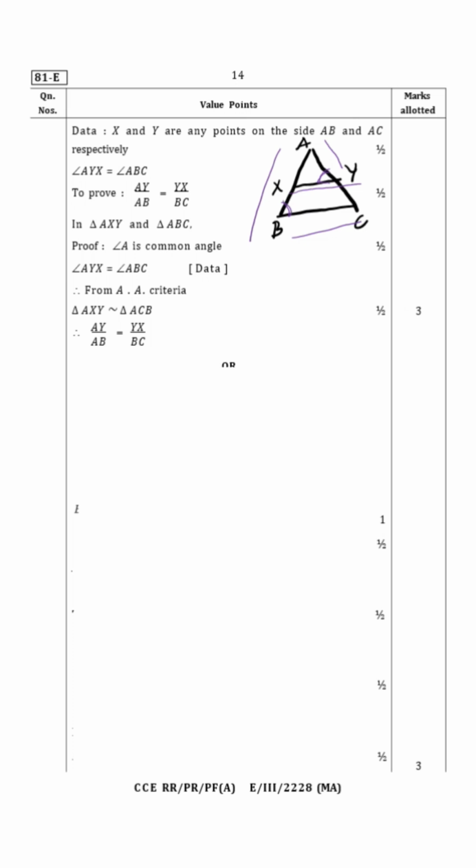There is an alternative question for this one, which is also taken from the chapter triangles. Here we are given triangle ABC, an equilateral triangle. We have drawn this, not given in the figure, only in the question, and AD is perpendicular to BC.